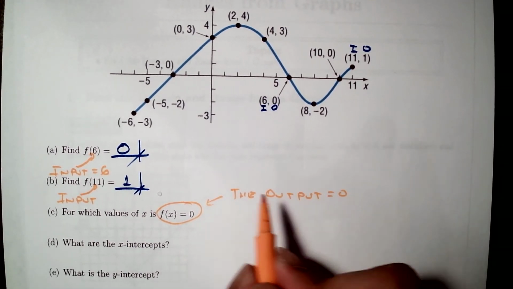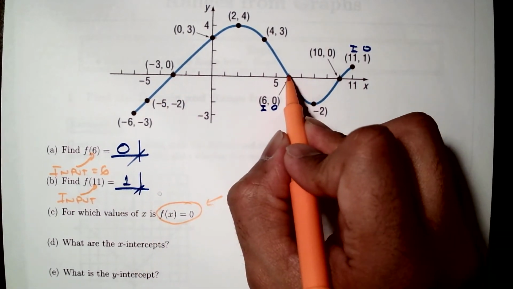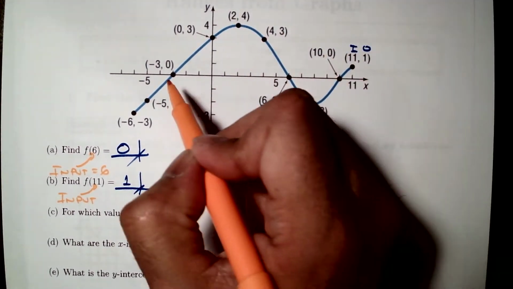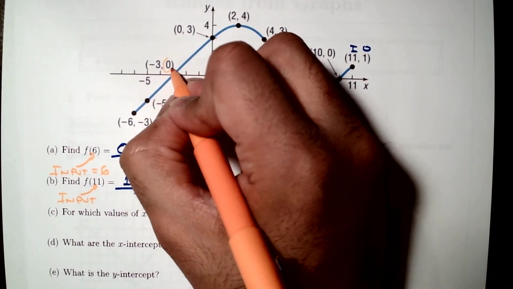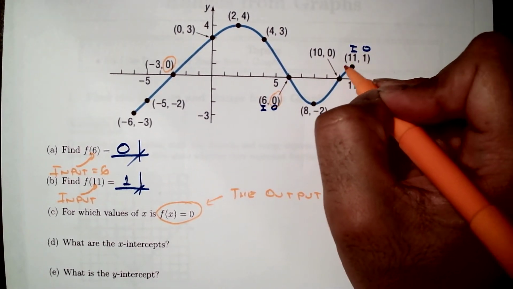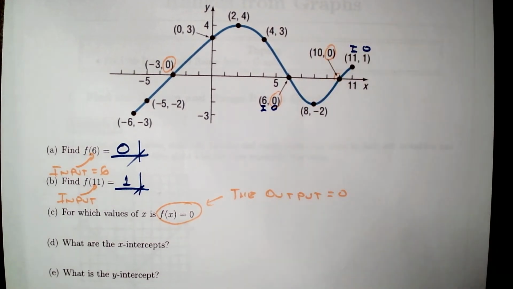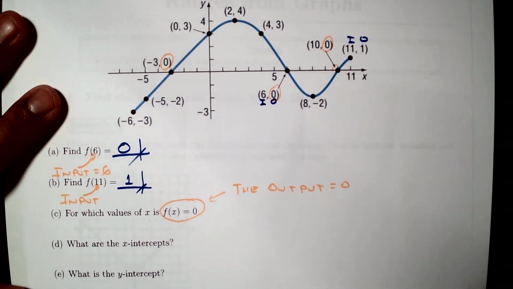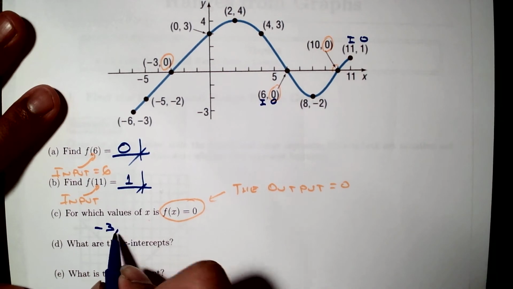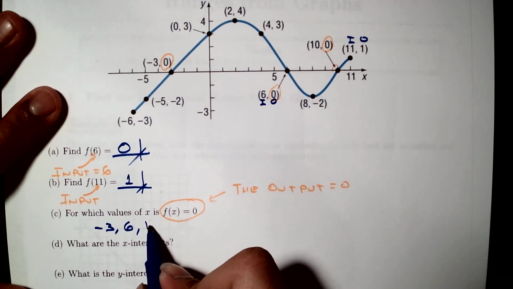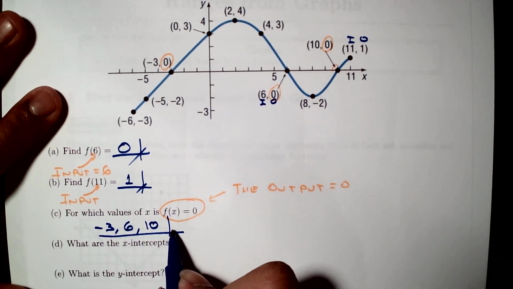These are going to be all the x-intercepts of the graph, or in other words, look for all the points that have a y value of 0, like this one, that one again, and that one. In this case they're asking us for the values of x for which y equals 0, and if we list them, negative 3 is one of them, 6 is another, and 10 is another of them. Final answer.